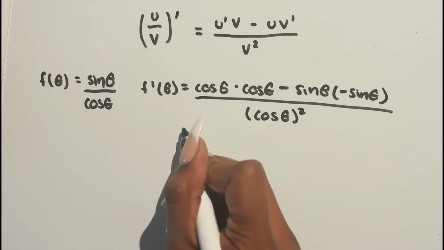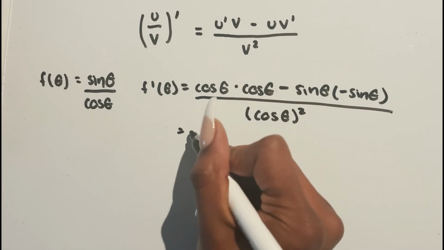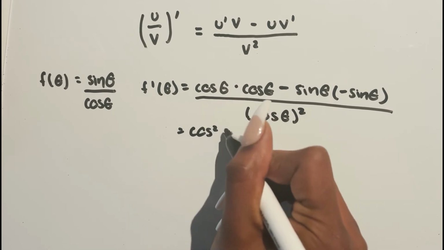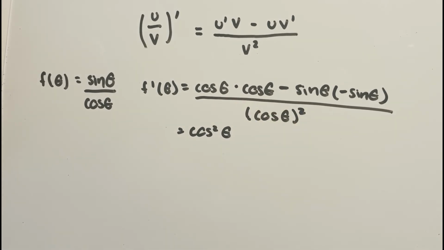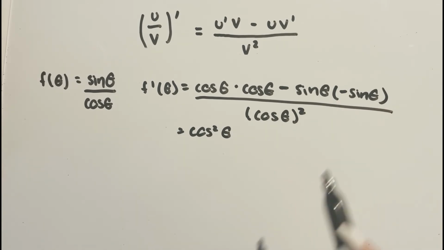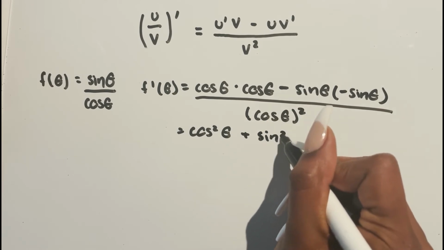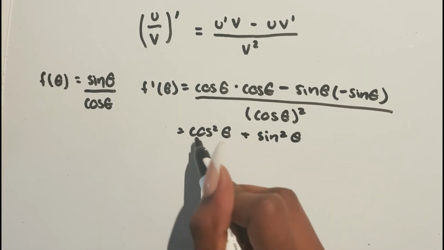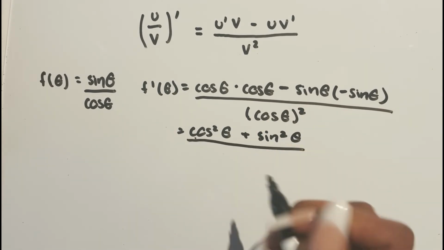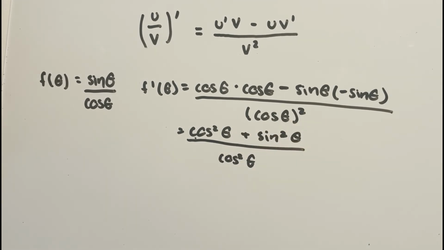Simplifying, we get cosine theta times cosine theta, giving us cosine squared of theta. And then we've got minus sine theta times negative sine theta, which gives us plus sine squared of theta, all over cosine squared of theta.